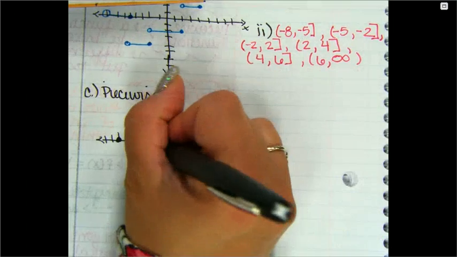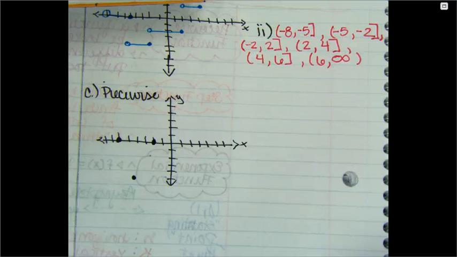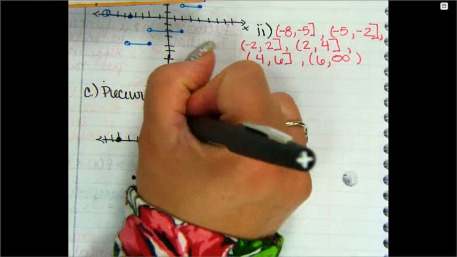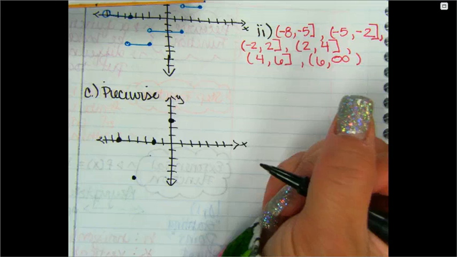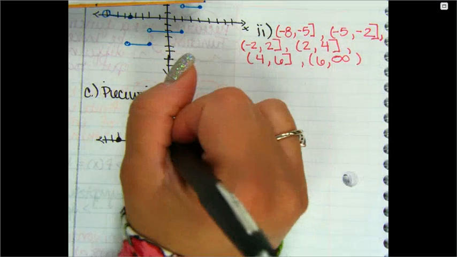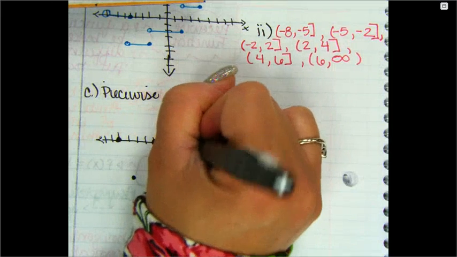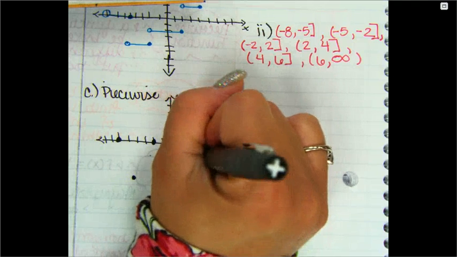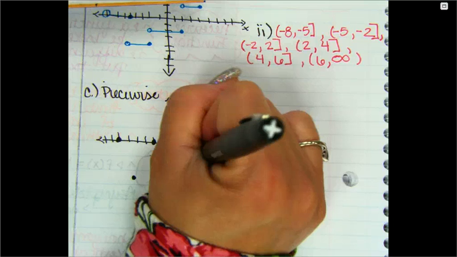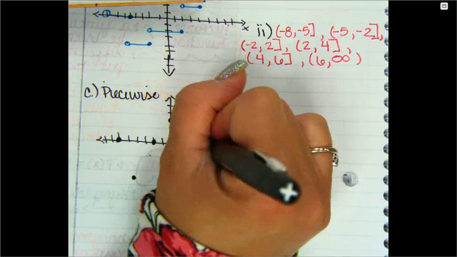Next point is negative 2, 0. The next point is 0, comma 3. The next point is 2, comma 0. The next point is 3, comma negative 2. The next point is 4, comma 0.